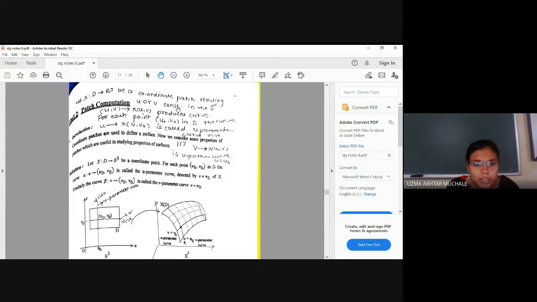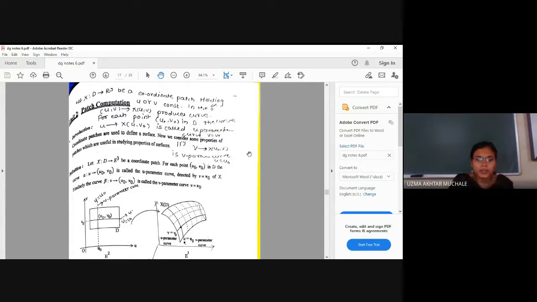Holding u or v constant, that means either it will hold u constant or it will hold v constant, produces a curve at a point u naught, v naught in D, such that u to x of u, v naught, where u is not fixed and v is fixed, is called a u parameter curve. Why is it called u parameter? Because u is variable and v is fixed. Similarly, we can have v to x of u naught, v, where u is fixed and v is variable, hence it is called a v parameter curve.